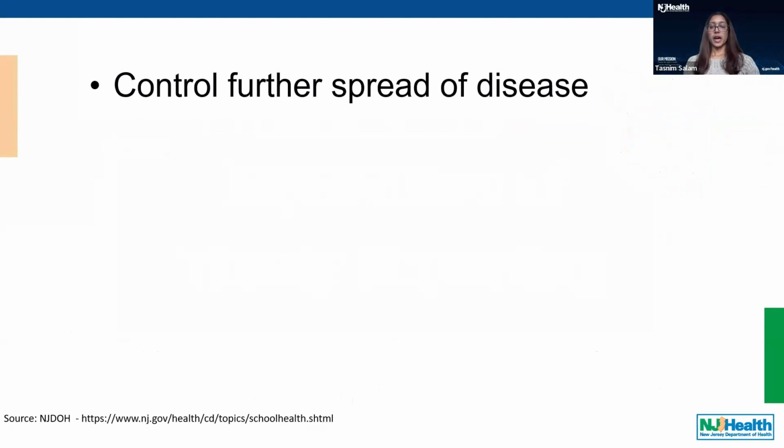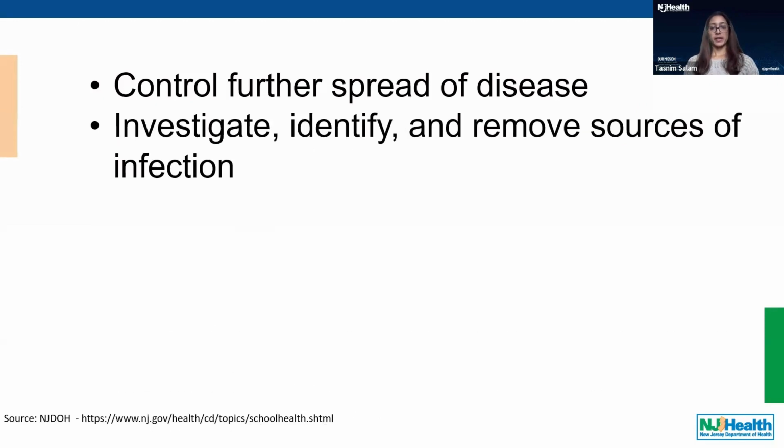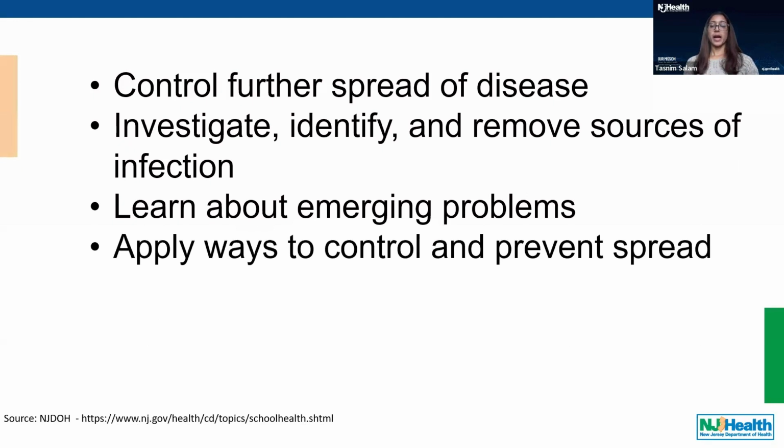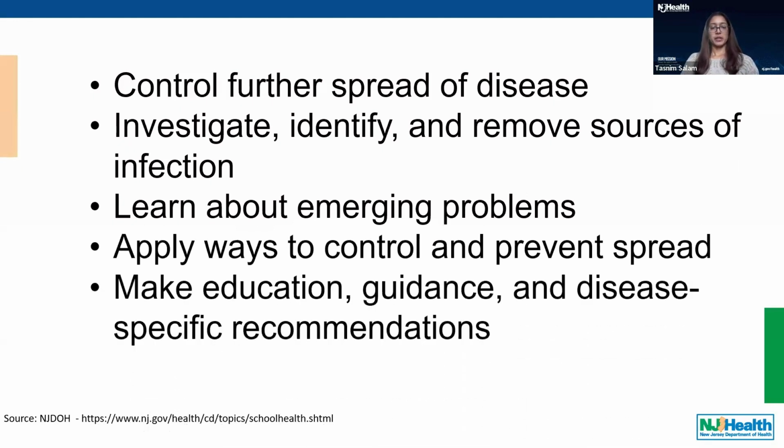This allows us to not only help control further spread of the disease, it allows us to investigate, identify, and remove sources of norovirus infection or any other type of infection. It also allows us to learn about emerging problems, apply different ways to control and prevent further spread, as well as making education, guidance, and disease-specific recommendations.